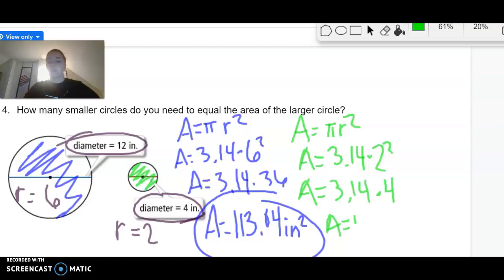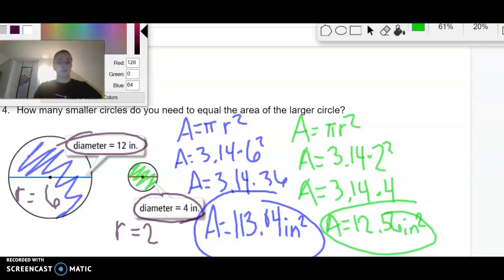3.14 times 4 gives us 12.56 inches squared. Okay, those are our two areas, smaller circle and larger circle. Now, in order to find how many smaller circles can fit in that large circle, we need to divide these two areas.